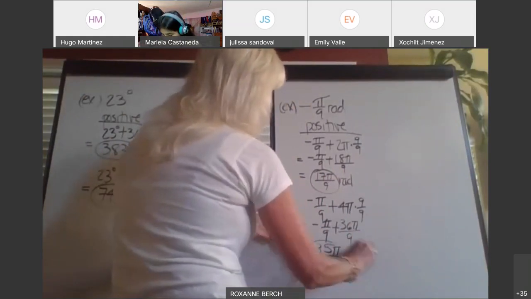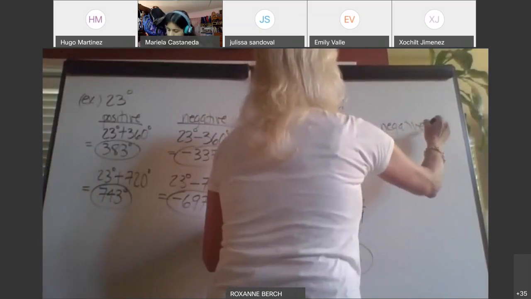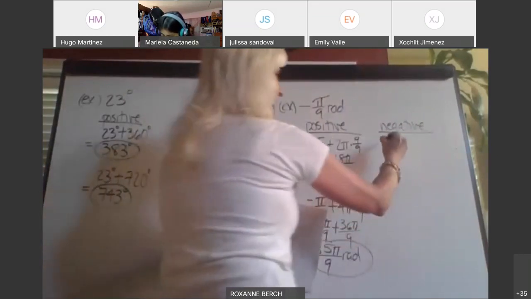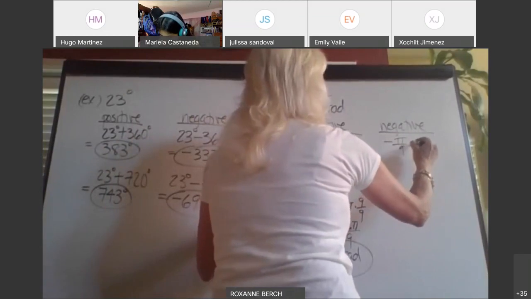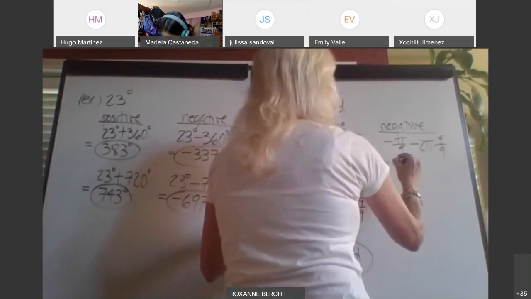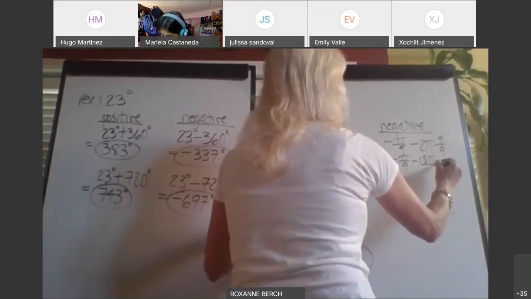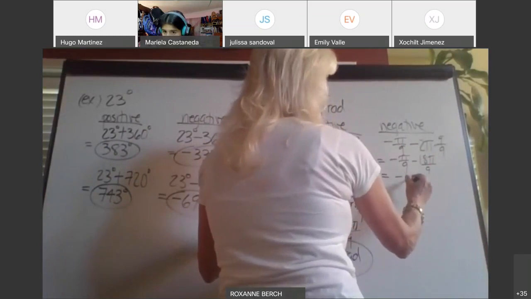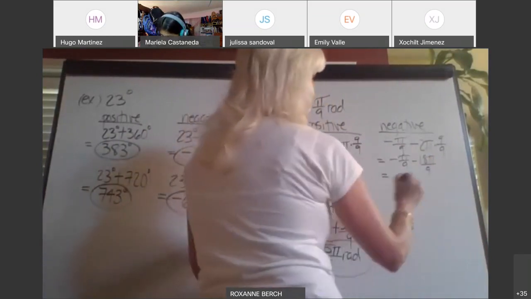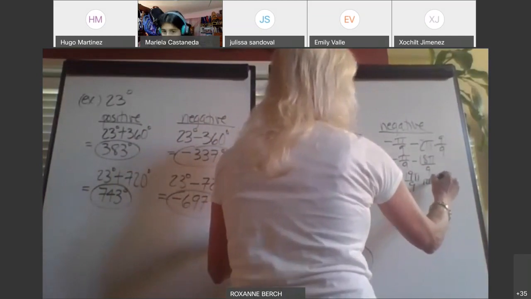You could write radians or not. Radians is implied though. And now if we want the negative ones, you would take negative pi over 9 minus 2 pi, get a common denominator. Negative pi over 9 minus 18 pi over 9, a negative and a negative is a negative, and you add, would be negative 19 pi over 9 radians.